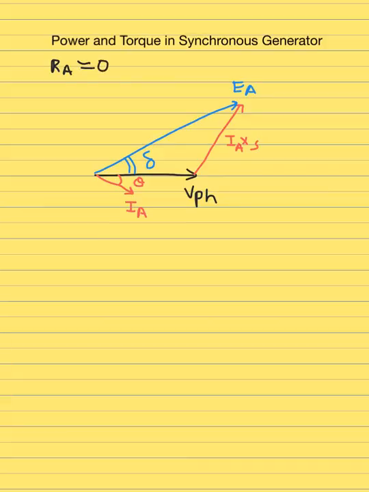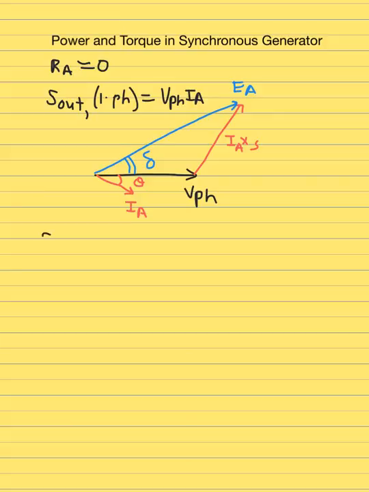That's why we're considering that I_A R_A equals 0. And what does the synchronous generator do? It converts mechanical power into three-phase electrical power. So if we're writing the equation for a single phase, the apparent power for one phase only is going to be the product of the voltage and the current, so V phase I_A.